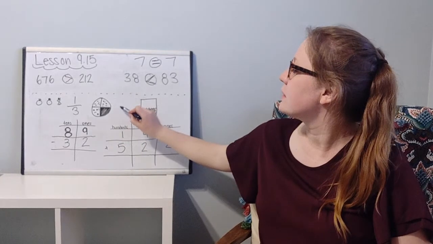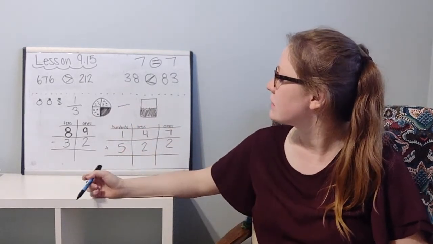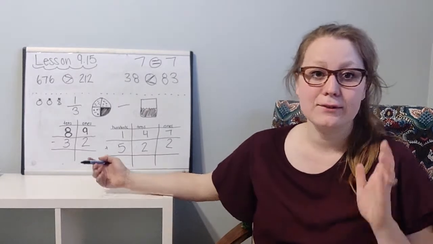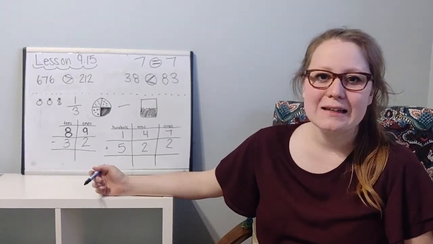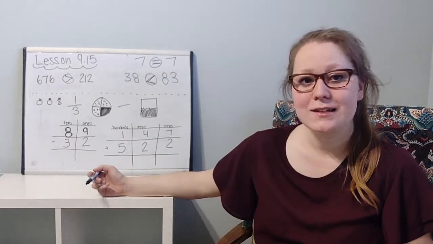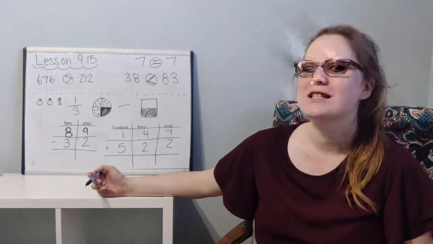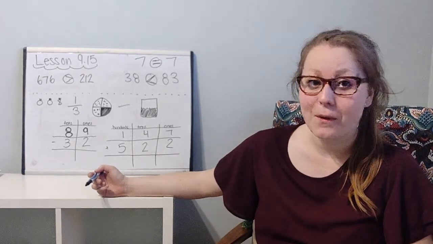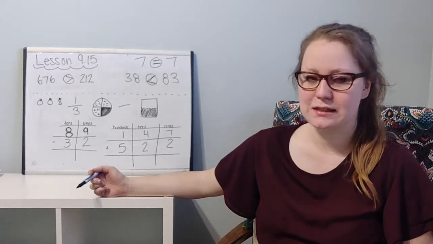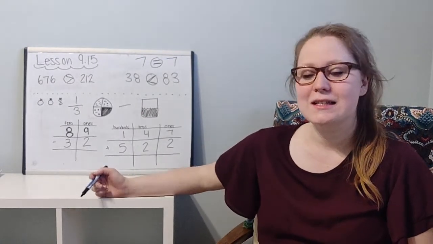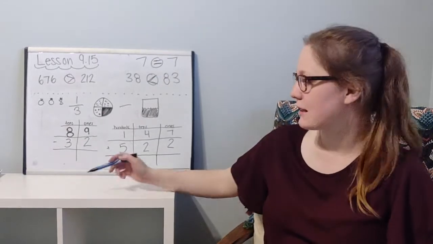Now I've got a very delicious looking pizza here. It's got some pepperoni on it, cheese, maybe some bacon, who knows, whatever kind of pizza you like. But I want to decide what fraction of the pizza is left, how much has not been eaten, okay? So first I need to decide, it's very easy to start with the bottom number, to decide how many pieces there were altogether.